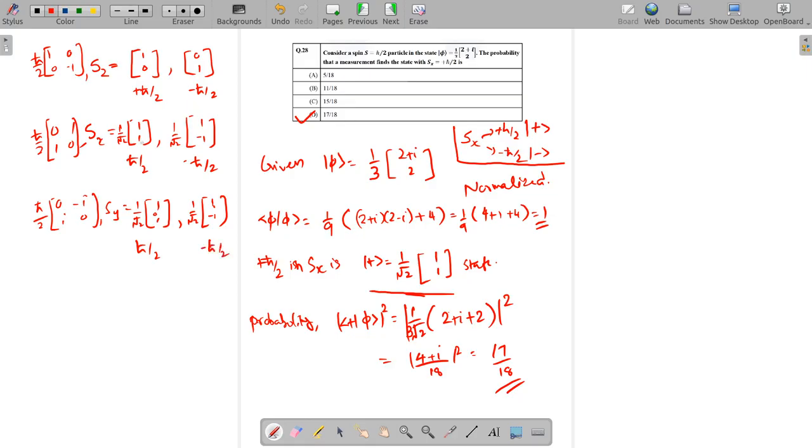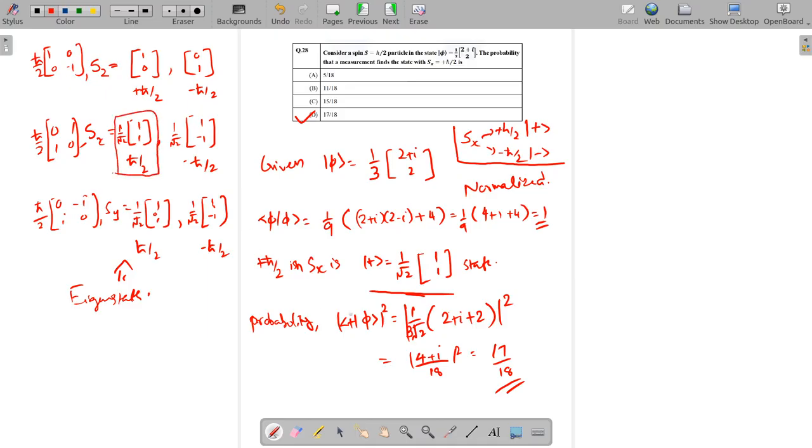Okay, so these are the three Pauli matrices or three spin operators and the corresponding plus and minus eigenstates. These are the eigenstates, and the eigenvalues. Here, what they have asked corresponds to this eigenvalue, which is this.